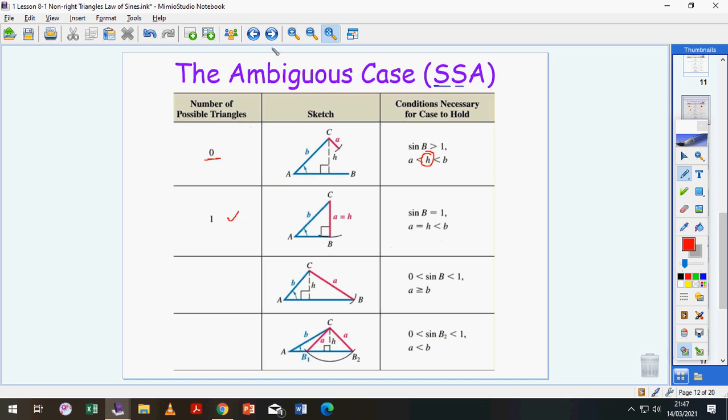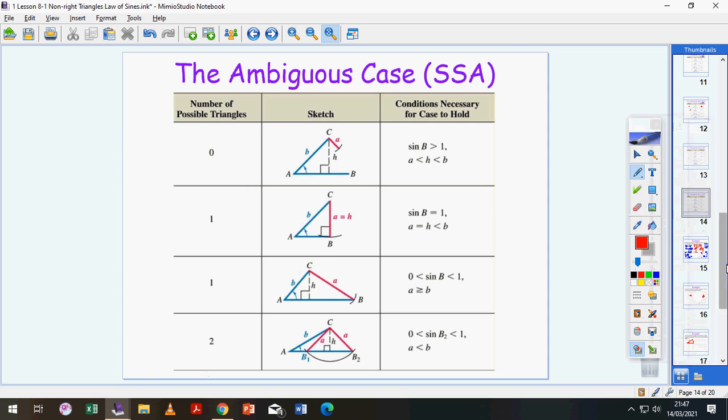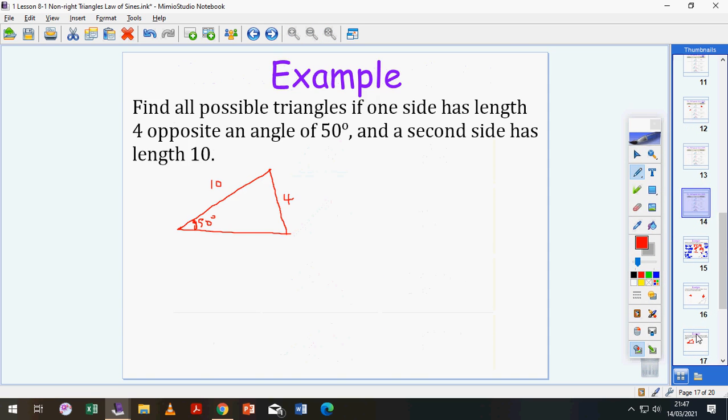So the first step is to figure out how many triangles are possible. I'm going to find the height of this triangle. That is h, and sine of 50 is h over 10. So h is 10 sine 50, and I have 7.6. So that height is 7.6.